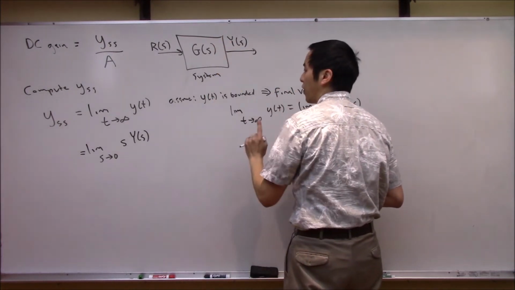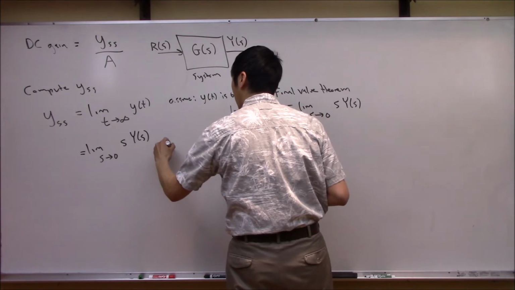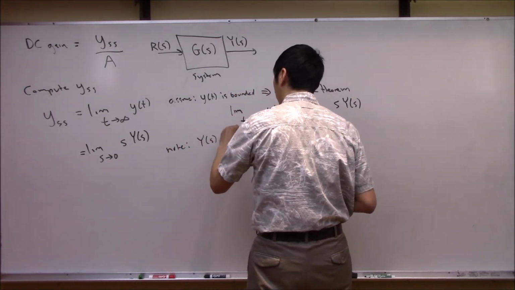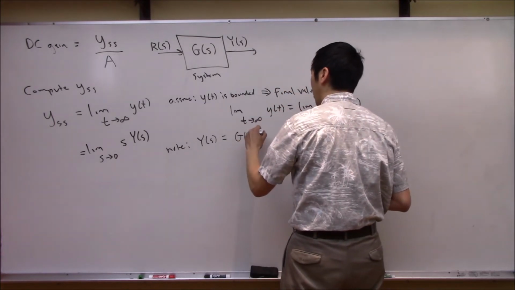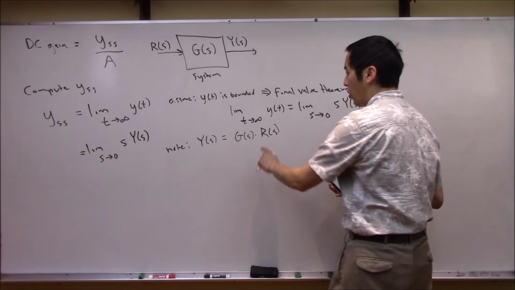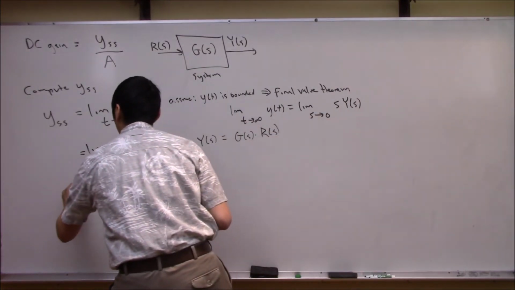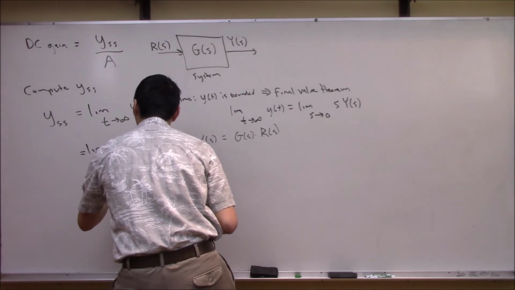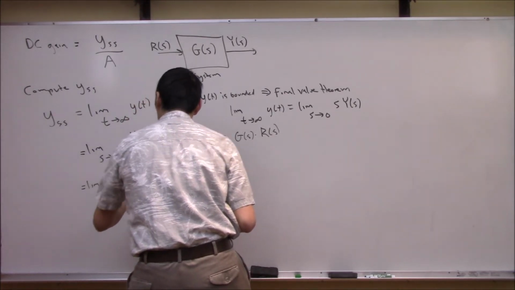From our transfer function, the output of the system is the transfer function times the input. So let's substitute that in: the limit as s goes to 0 of s times G(s) times R(s).